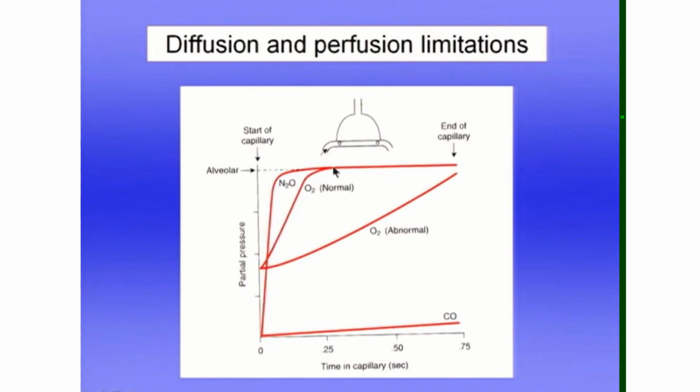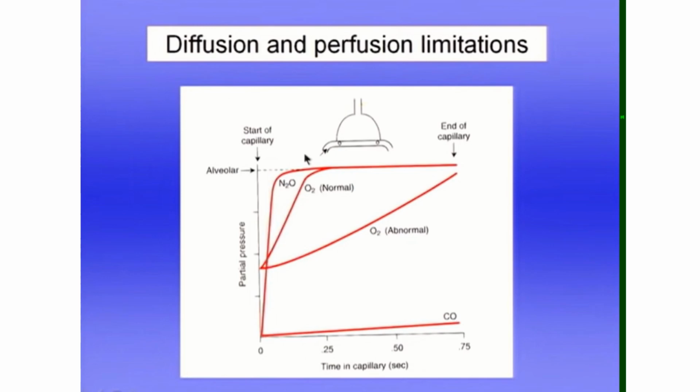By the time we've got about 1/3 of the way along the capillary, in 0.25 seconds or so, the PO2 in the blood is essentially the same as that in the alveolar gas. Therefore, for the rest of the time that the blood spends in the capillary, there's no further increase in the PO2. So clearly, under those conditions, the uptake of oxygen is perfusion limited. In other words, it's already diffused to equilibrium here, so diffusion is not a limiting factor.